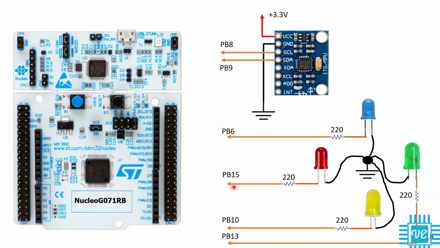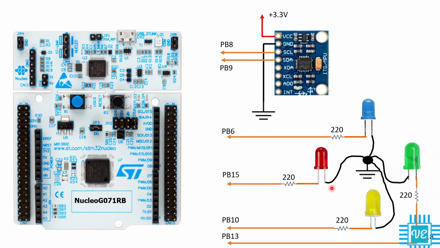I have connected these 4 LEDs to 4 GPIO pins, namely PB6, PB15, PB10 and PB13. You can use any GPIO pins; it doesn't matter which ones you use. All negative connections of the light emitting diodes are connected to a common ground.